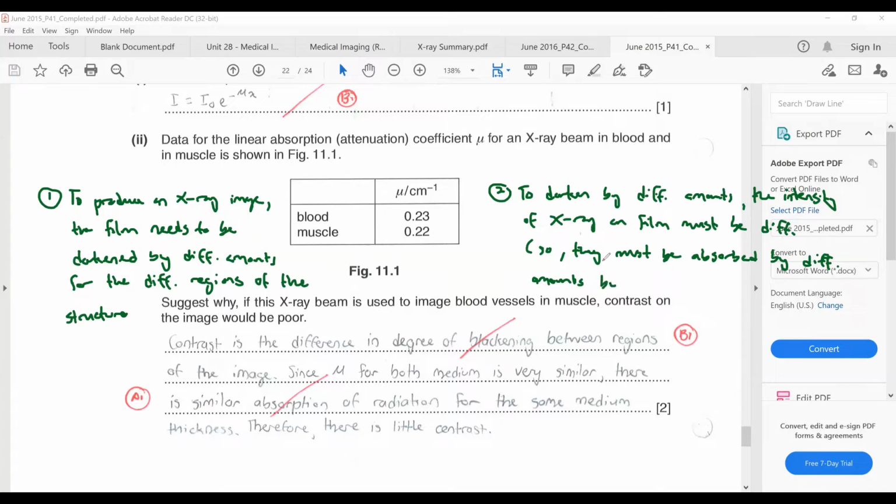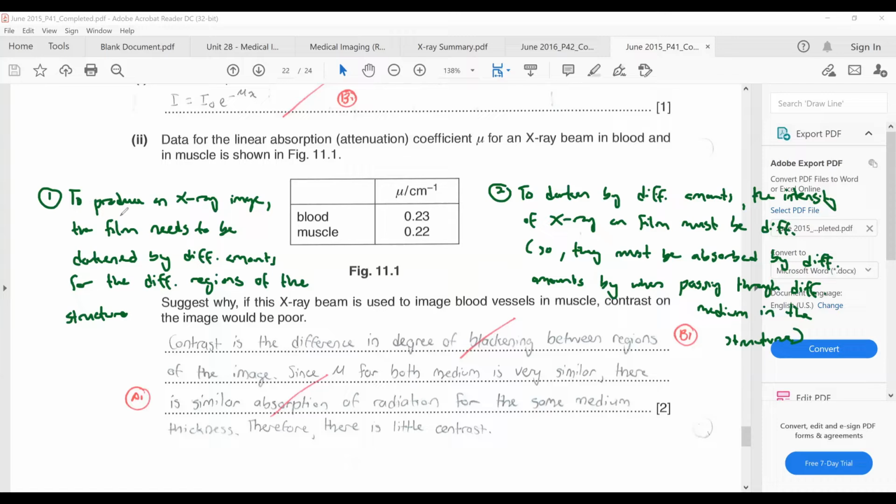To darken by different amounts, the intensity of X-ray on film must be different, so they must be absorbed by different amounts when passing through different mediums in the structure.